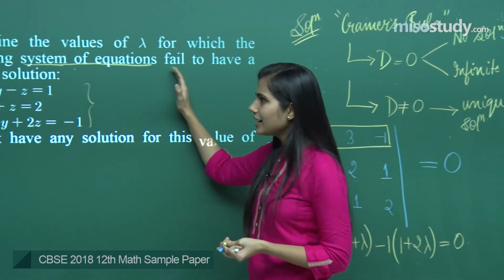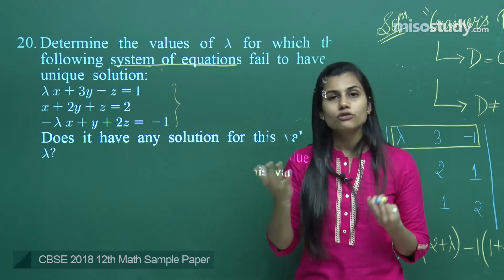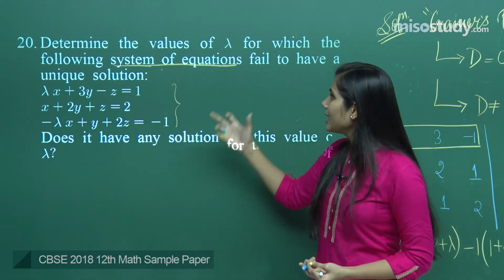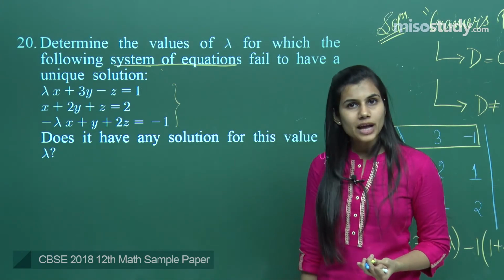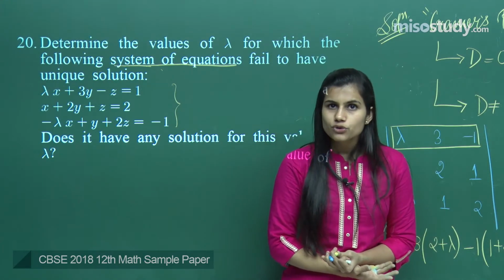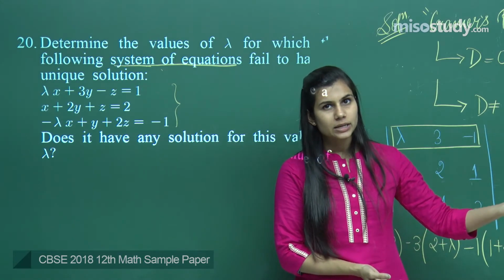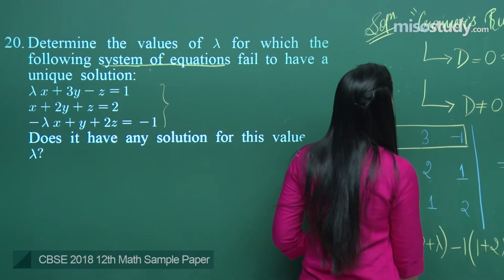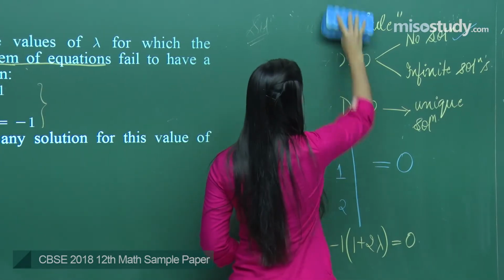And so, the first part was that you do not want a unique solution. That means either no solution or infinitely many solutions exist for this lambda. So, by the fact that we do not want a unique solution, we found the value of lambda. And then by further understanding the Cramer's rule, we found whether for this lambda there is no solution or infinitely many solutions, and we obtained that there is absolutely no solution for this particular lambda.